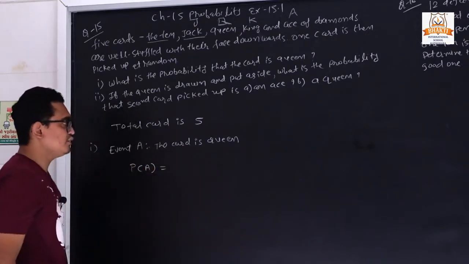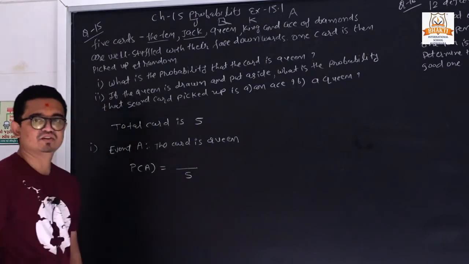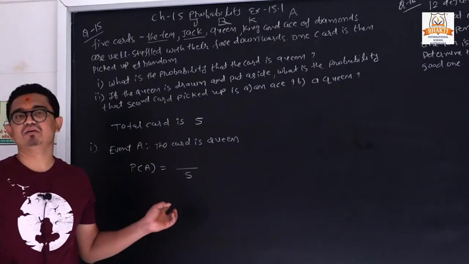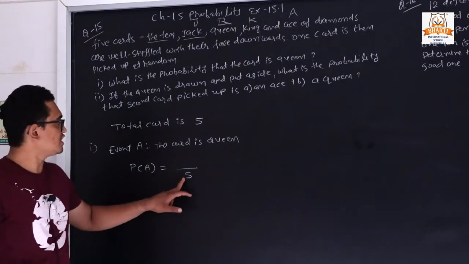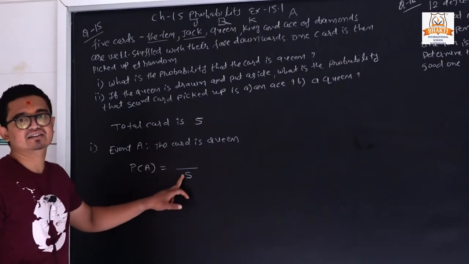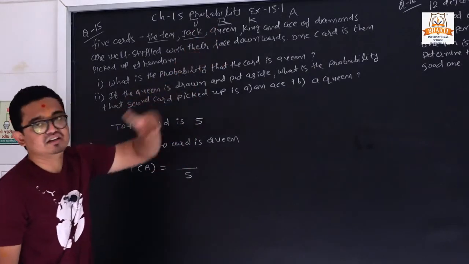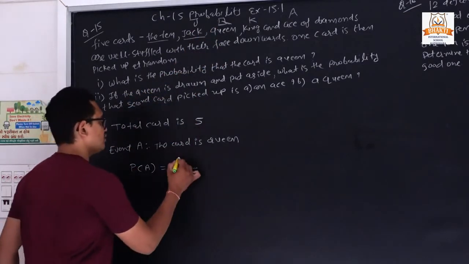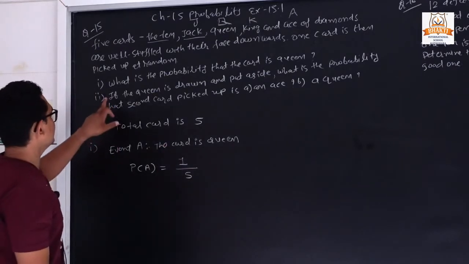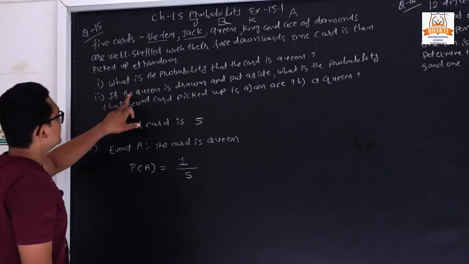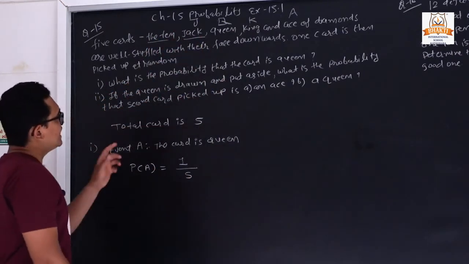P of A: according to the definition of probability, it is favorable outcomes upon total outcomes. The total number of cards is 5, and out of 5 cards how many are a queen? Only one. So its probability is 1 by 5.